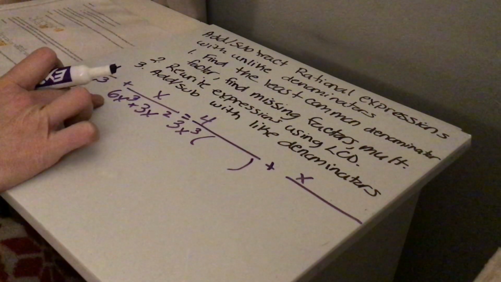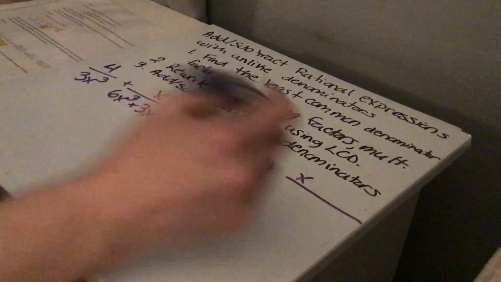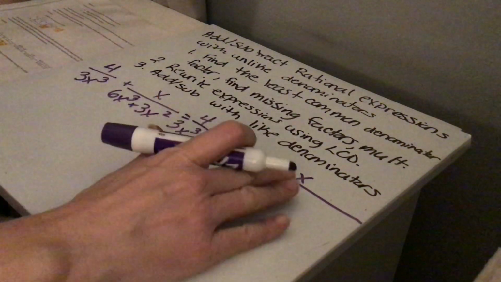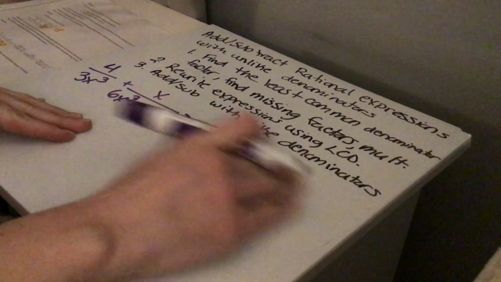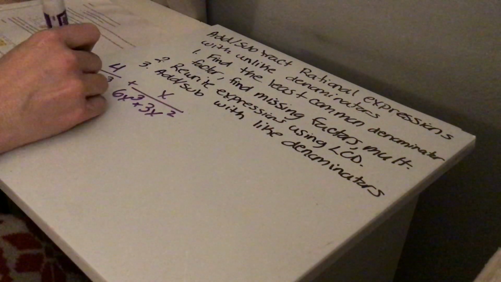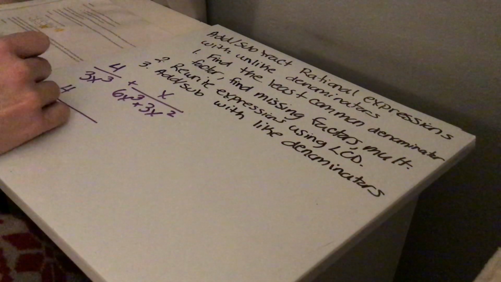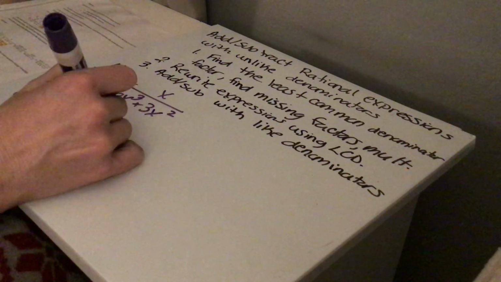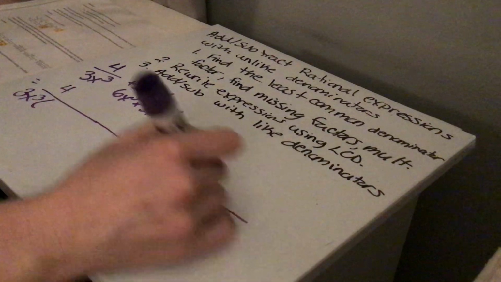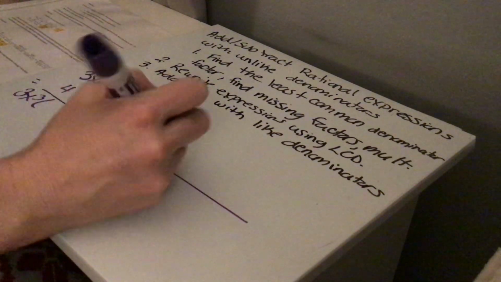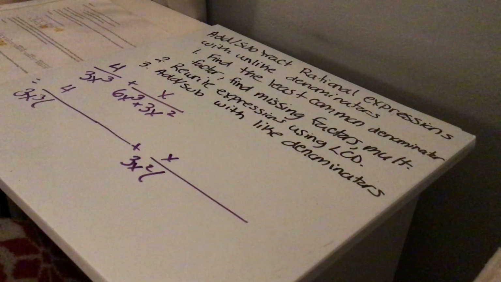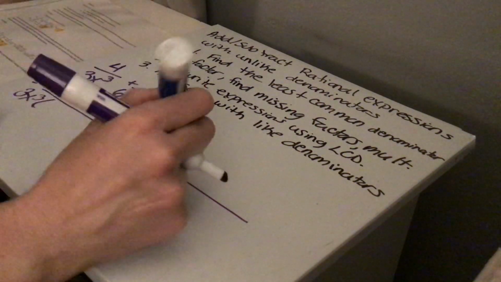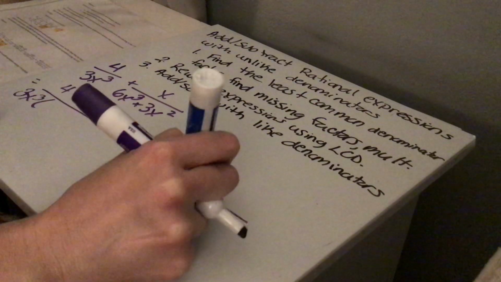But 6x cubed, we can factor. We can pull out a 3. So if we factor out by taking out a 3x squared, then what's left behind is a 2x plus 1.